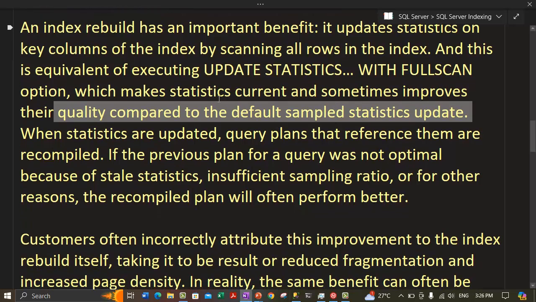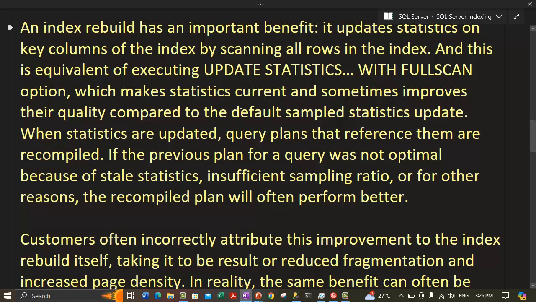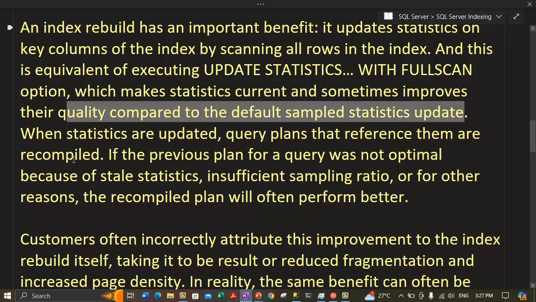If the statistics are not updated, only the default sample statistics are provided whenever a column on which the index is defined is queried. So the index rebuild operation makes the statistics current on that column and also sometimes improves their quality in comparison to the default sample statistics update.